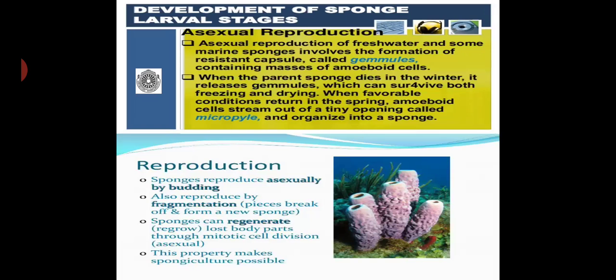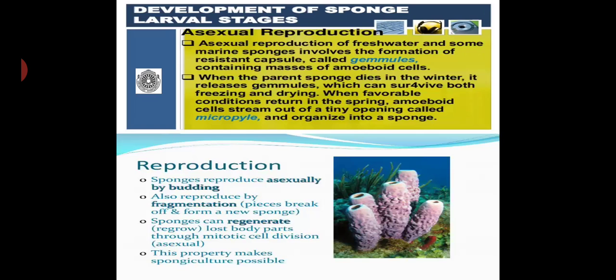As I said earlier, sponges also reproduce asexually by budding, and they also reproduce by fragmentation, that is, pieces break off due to wind action and form a new sponge. So there can also be mechanical injuries in the sea water or in the fresh water, due to which they undergo fragmentation and each fragment develops into a new sponge.